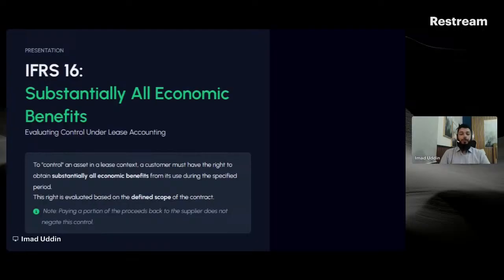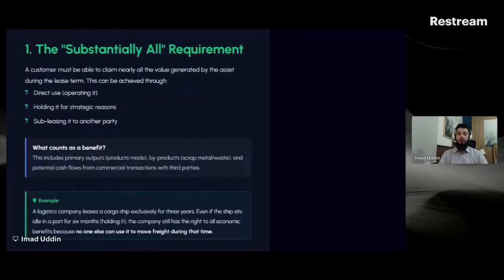So we'll see what it means to obtain substantially all of the economic benefits. But it's important to understand that those benefits will be assessed based on the defined scope of the contract. So let's define more clearly what substantially all means, right?